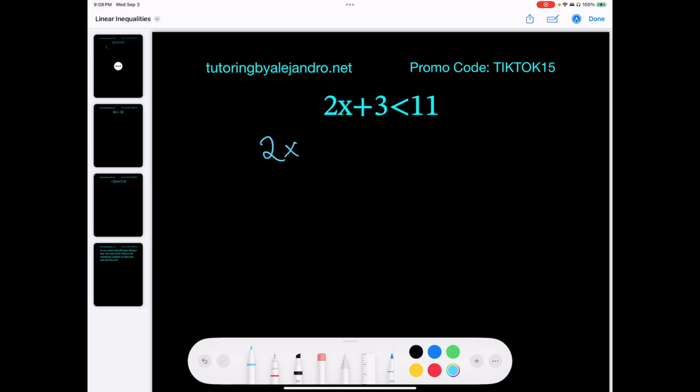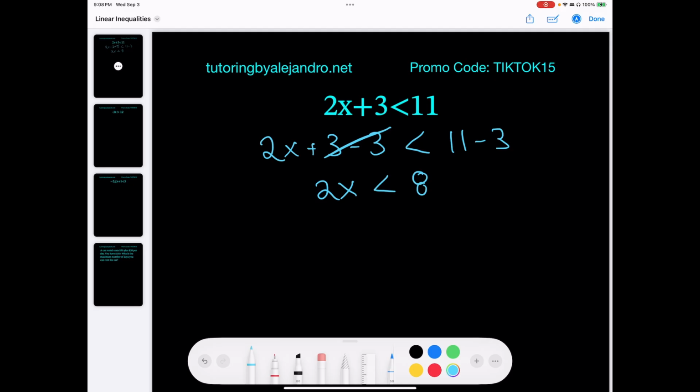So that gives me 2x plus 3 minus 3, right? And whatever I do on one side, I have to do it on the other. So that's 11 minus 3, okay? So the 3's will cancel out on the left, and that leaves me with 2x is less than 11 minus 3 is 8. Okay, great.